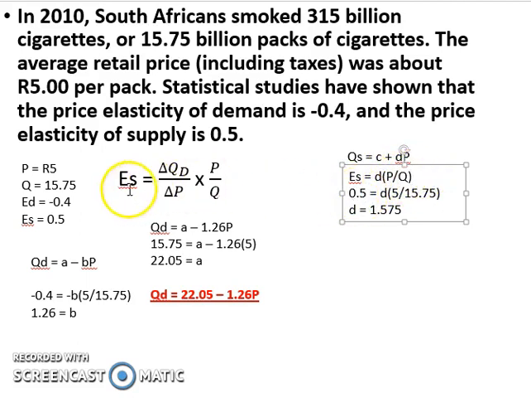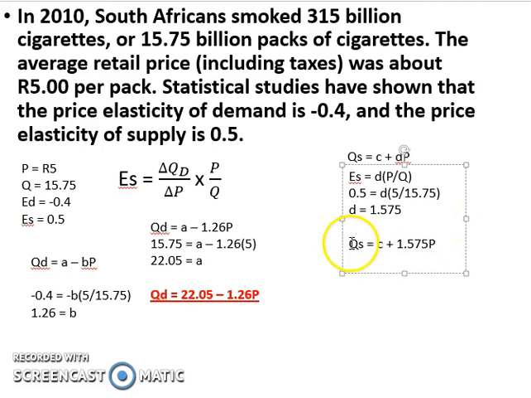This is 0.5 equals D multiplied by 5 divided by 15.75, and then we get a value of D of 1.575. So that means quantity supplied equals C plus 1.575 price.